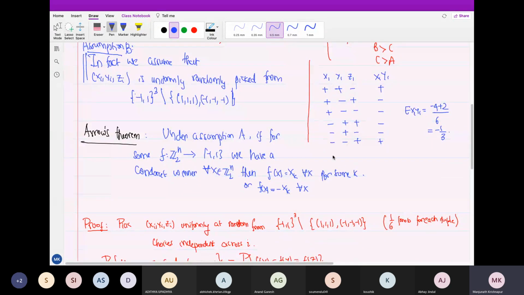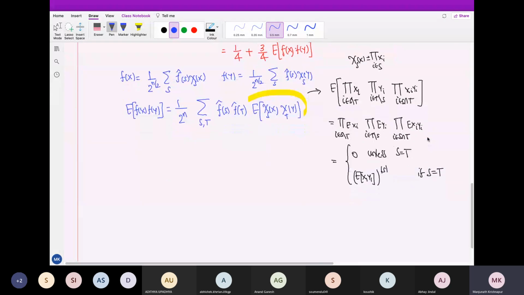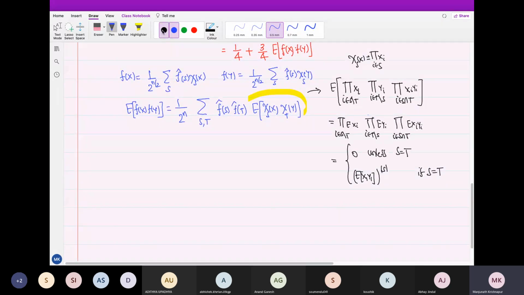We are picking uniformly from all these possible 6 vectors. So I come back here, and this is equal to minus 1 by 3 to the power of cardinality of S. Because x1, y1, z1 are supposed to be not all equal, there is a negative correlation. That's why you're getting minus 1/3.